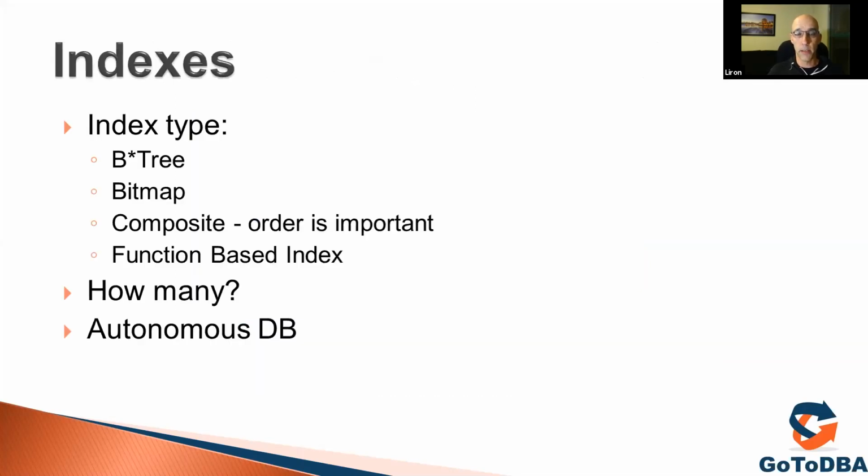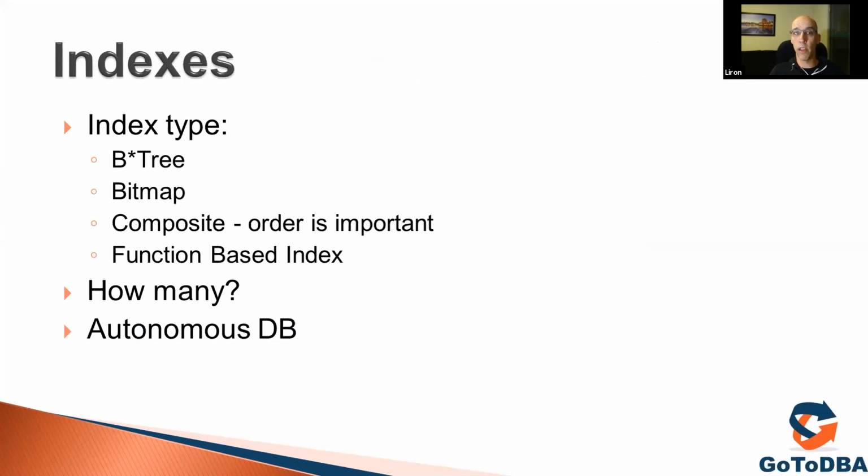Next, indexes. There are lots of things to talk about with indexes, and there are complete sessions only about indexes. But here, when we design a schema, we need to consider what columns and what tables should have indexes. What type of indexes? B-tree, bitmap, composite.